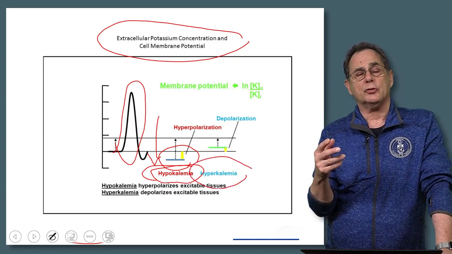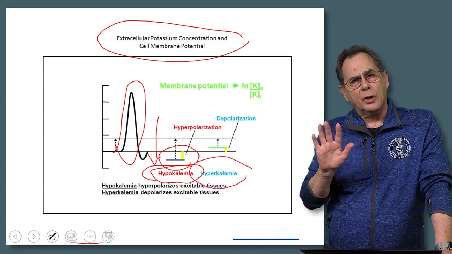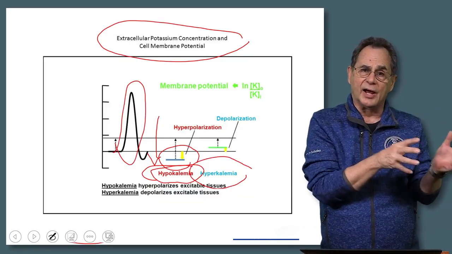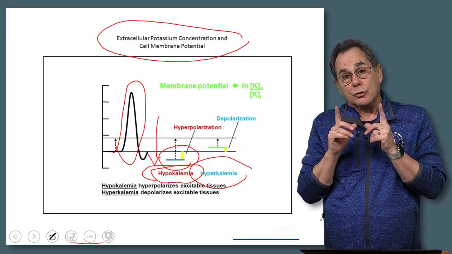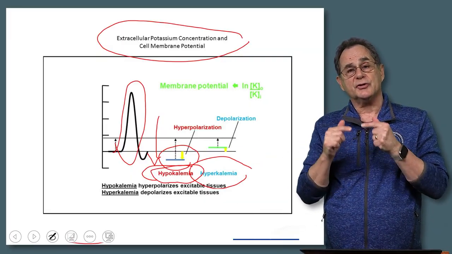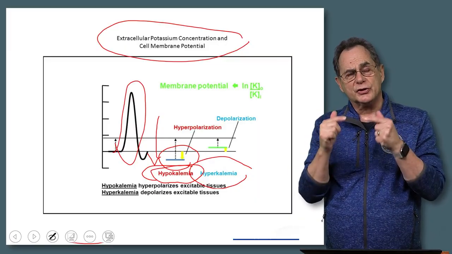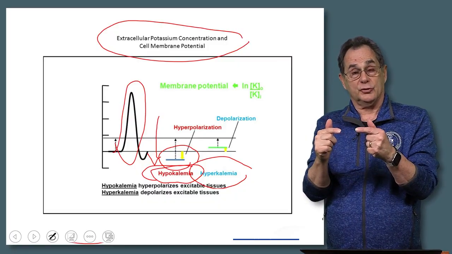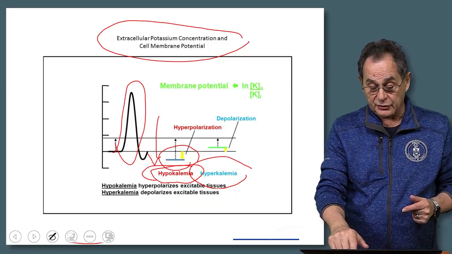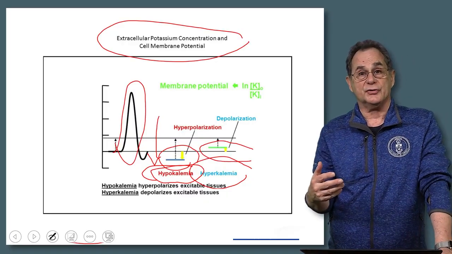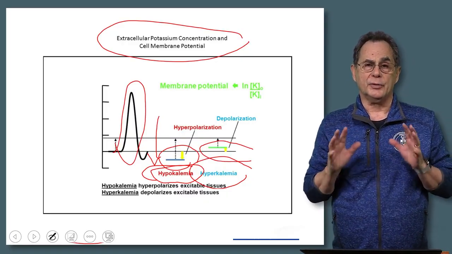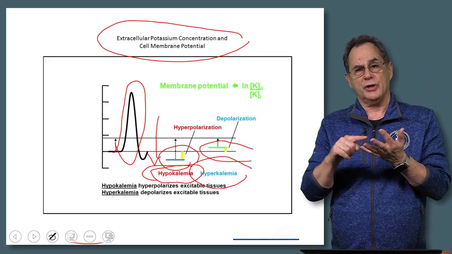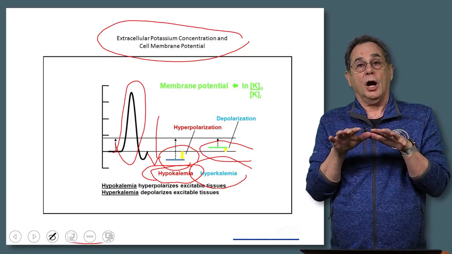High potassium concentrations outside the cell serve to blunt the concentration gradient that drives the movement of potassium from inside to outside of the cell. That reduces the tendency of potassium to move out of the cell, reduces the tendency of that potassium movement to generate intracellular negative potential, and the cell depolarizes. So extracellular potassium concentrations, if they're low, cause excitable tissue, muscle cells, nerves, heart cells to hyperpolarize.